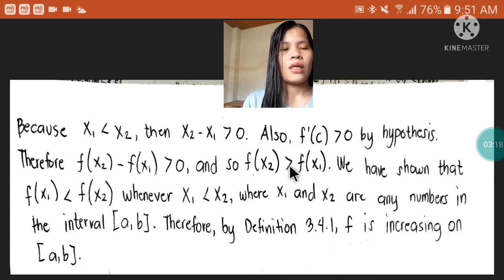We have shown that f of x sub 1 is less than f of x sub 2 whenever x sub 1 is less than x sub 2, where x sub 1 and x sub 2 are any numbers in the closed interval a and b. Therefore, by definition 3.4.1, f is increasing on the closed interval a and b.